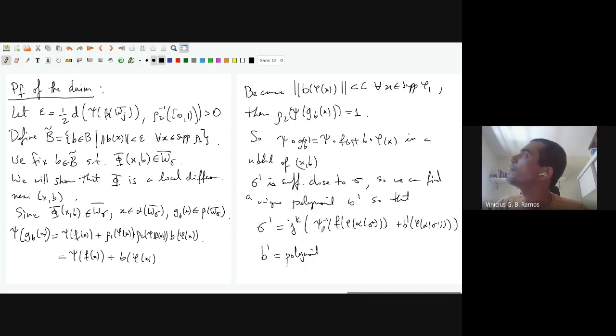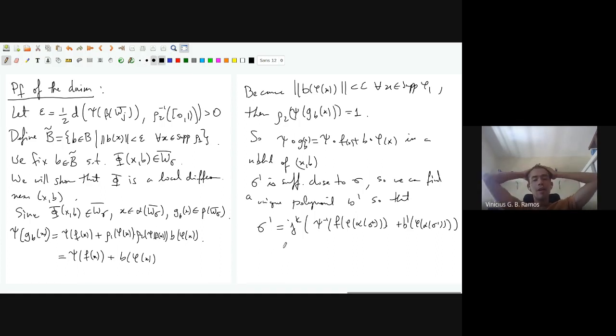We had a notation for this, but let me write it like this. If you look at sigma tilde in charts, so B of... I don't want to write this down, but you can write it down.